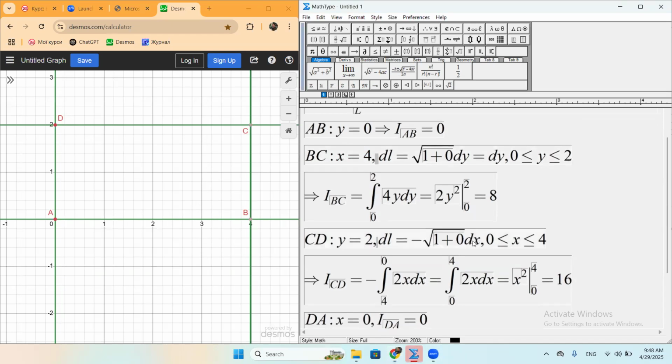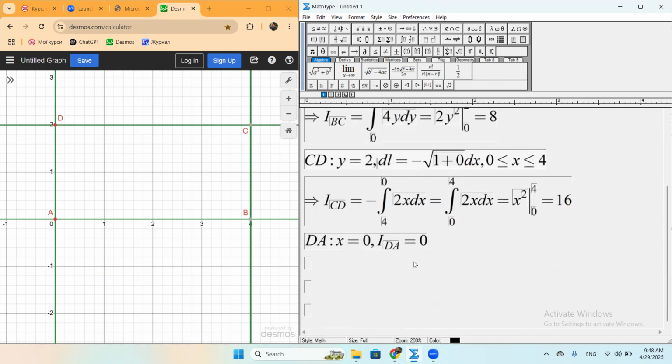The differential of the curve length is the following: 1 plus y prime squared. If we invert x and y, we just swap the variables. So have I answered your question? Yes, thank you. Okay, more questions?